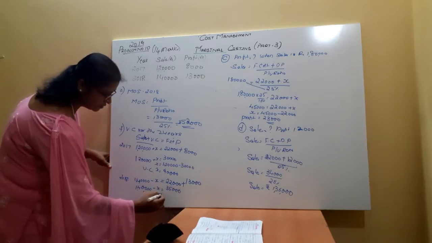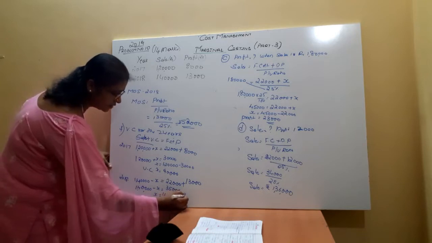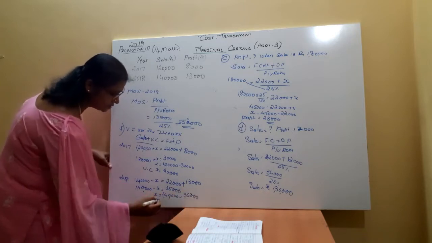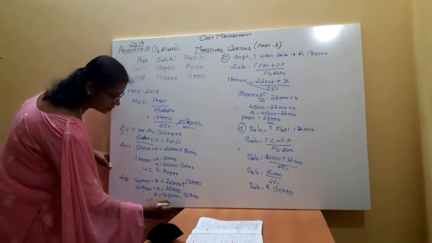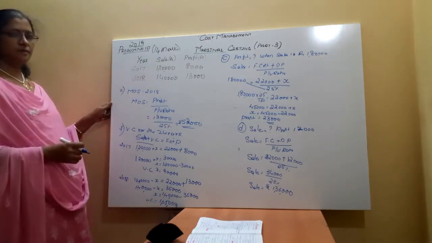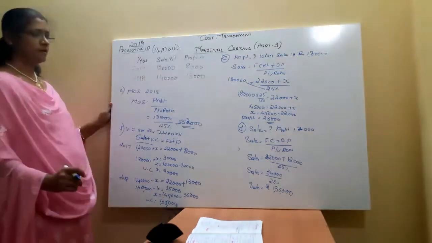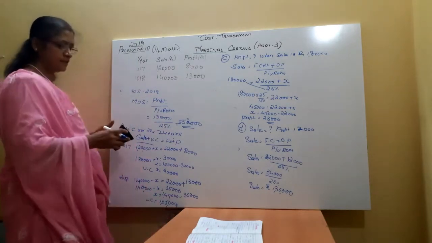So X is equal to 1,40,000 minus 35. So the answer is, the variable cost is 1,05,000. I think you have understood. Yes. We'll move on to the next problem.